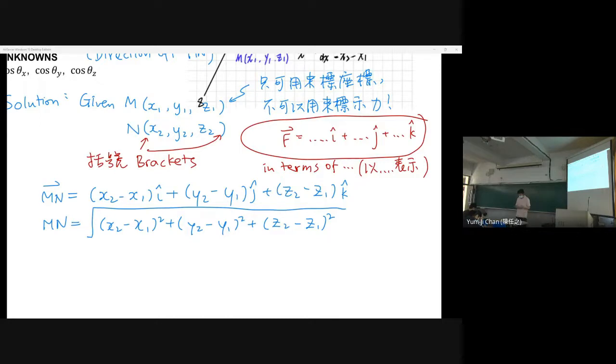And now we let the length of MN be d. This should not be a problem to you. I think you can do this, right?